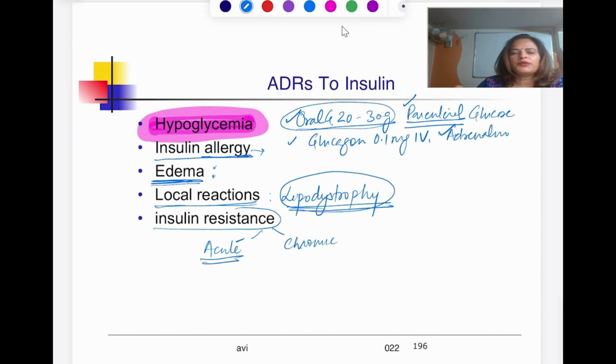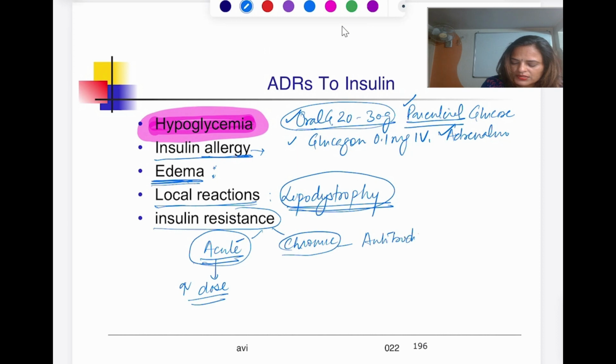Acute is for a short period, like if the person undergoes any trauma, surgery, infection, or during pregnancy, then the response will become suboptimal. In that, you have to increase the dose of the insulin, that's it. Chronic is because of the formation of antibodies against the insulin, and this is usually seen with the conventional preparation, so switch over to the human insulin.